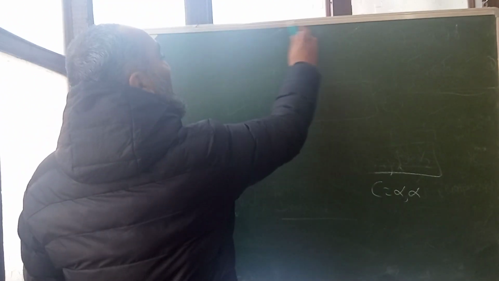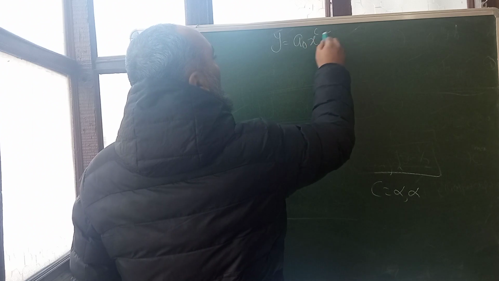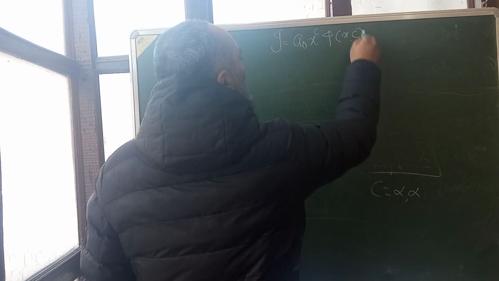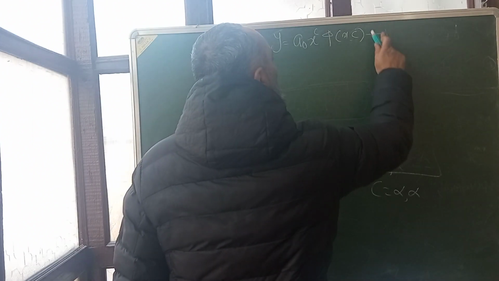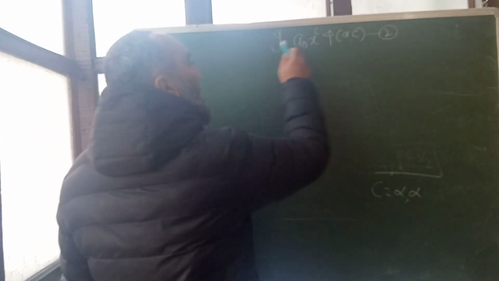You see, I am getting a0 x raised power c times some function of x comma c. This is 2. First is the differential equation. I am finally getting this solution.